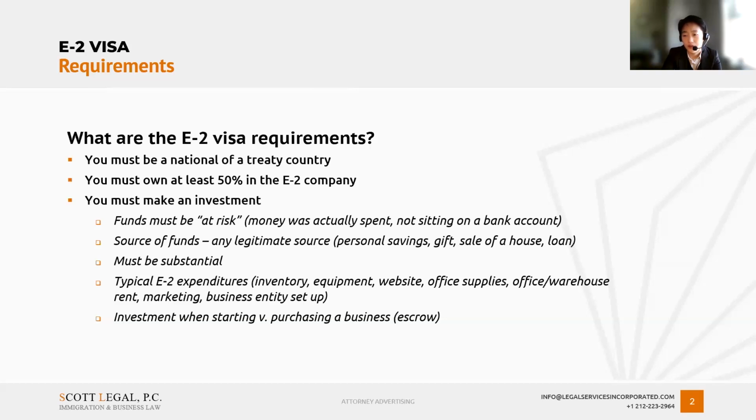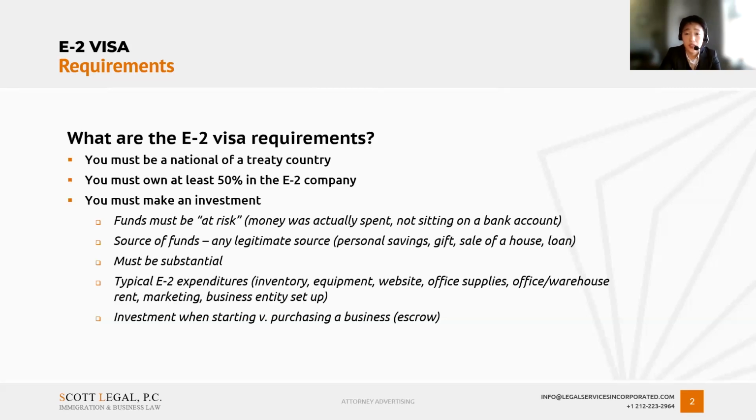So let's start with discussing the requirements for the E-2 visa. What are the E-2 visa requirements? As a general overview, the E-2 visa is a non-immigrant visa for investors who are seeking to come to the United States to develop and direct a U.S. enterprise that they have invested in.